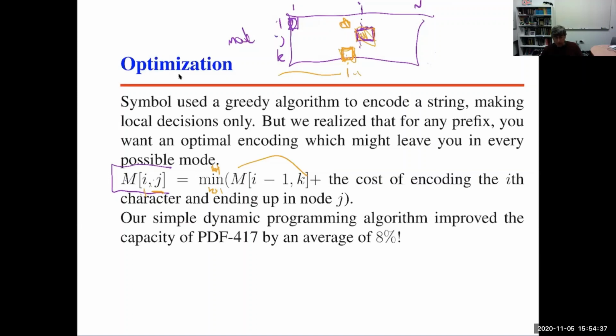My claim is the optimal way to encode the first I characters ending in J is going to be the minimum over all possible modes of the best way to encode the first I-1 characters ending up in mode K, plus the cost of dumping out the ith character of the text and jumping to mode J.